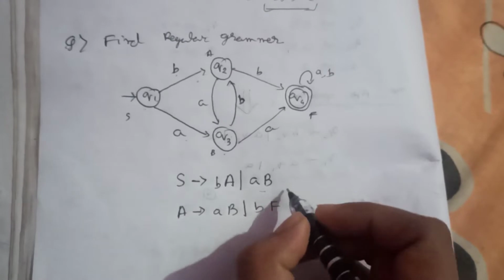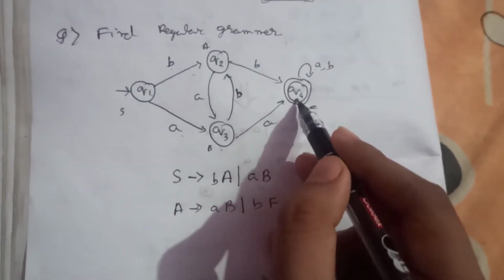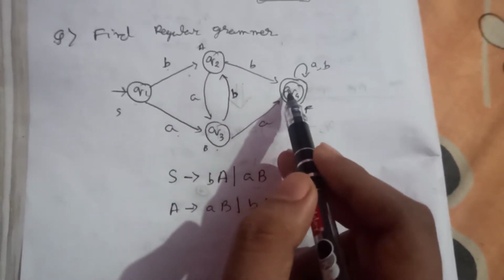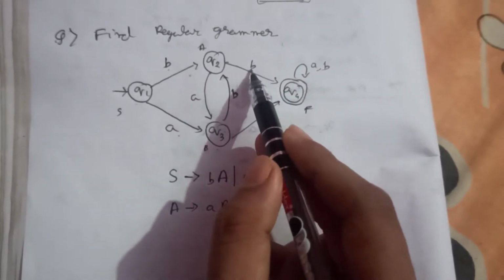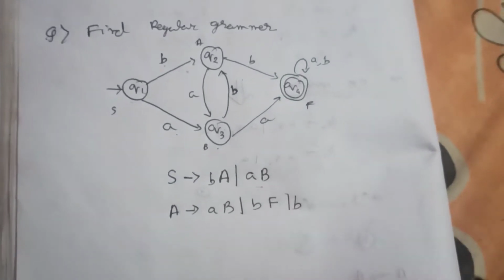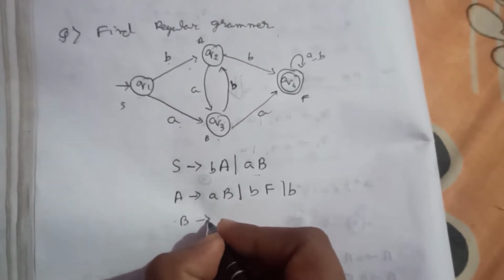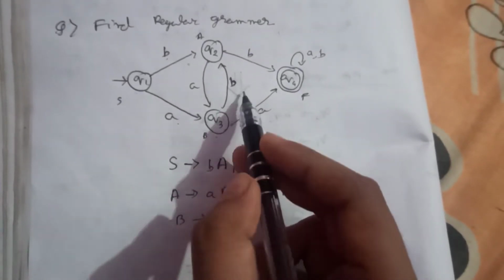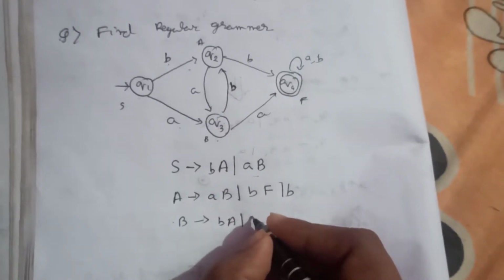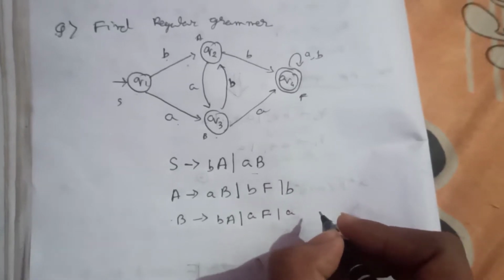As this final state is the accepting state, from Q2 it can also have only a terminal, that is B. Let's see again for state B, that is Q3. If it receives B then it will go to A, but if it receives A then it will go to the final state. So I will also add the A here.